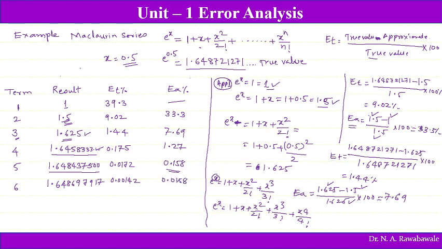So in this way the true error also gets reduced and the approximate error also gets reduced.